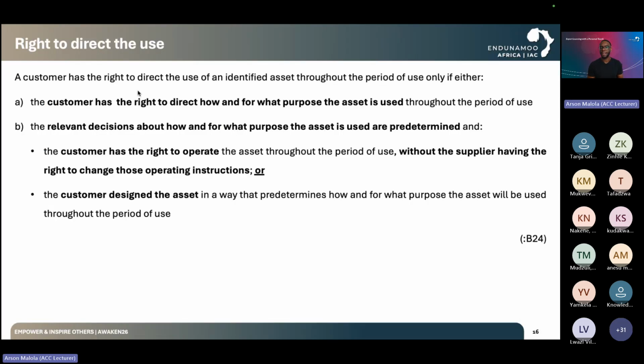Okay, then the right to direct the use, like I said, is split into 2 parts: the right to obtain substantially all the economic benefits, and the right to direct how and for what purpose the asset is used. Now, the easy thing to discuss is the economic benefits in the first one, right?